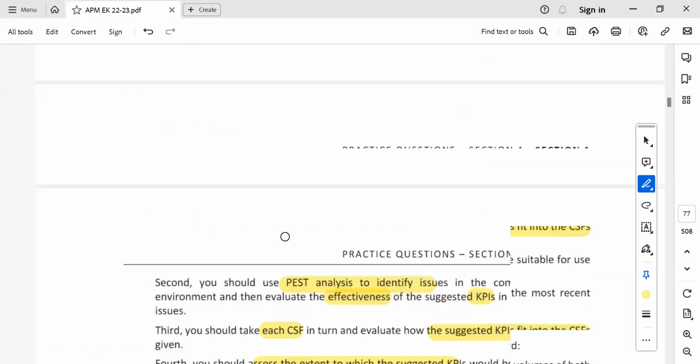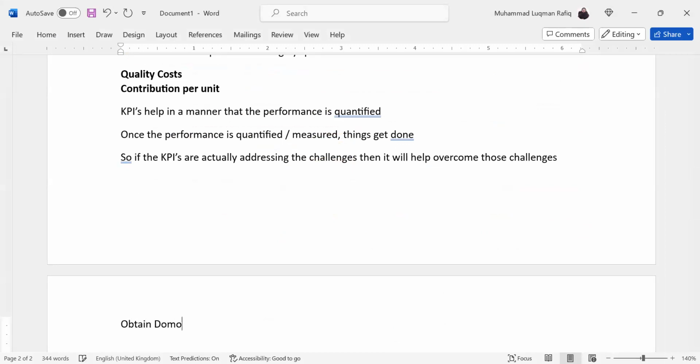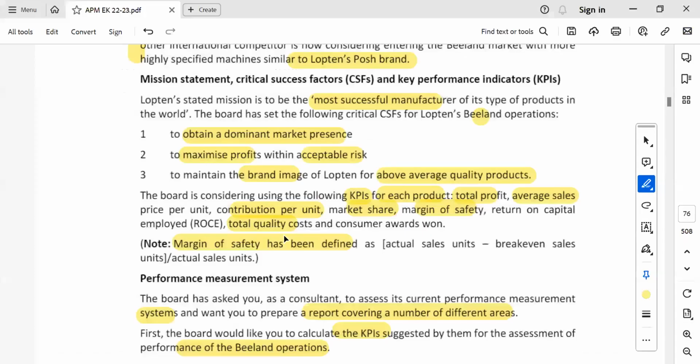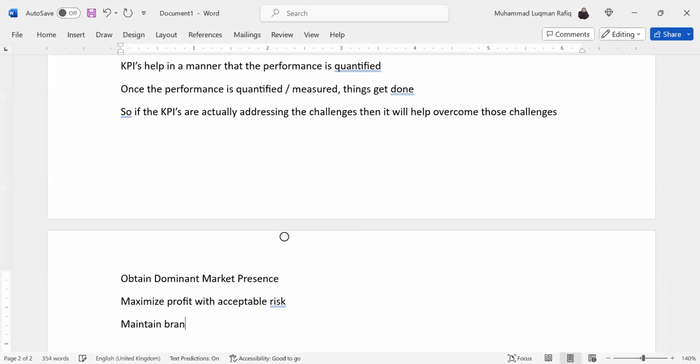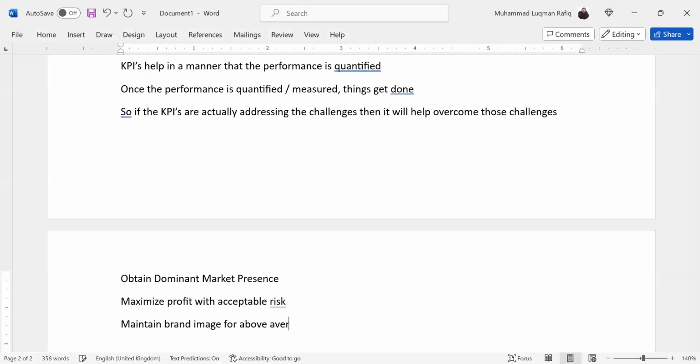The critical success factors given are: obtain dominant market presence, maximize profit with acceptable risk, maintain brand image for above average quality products.